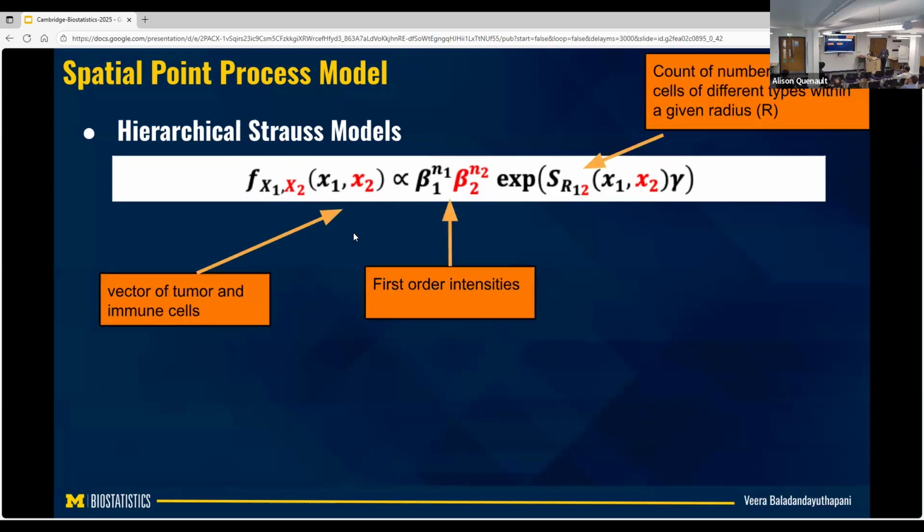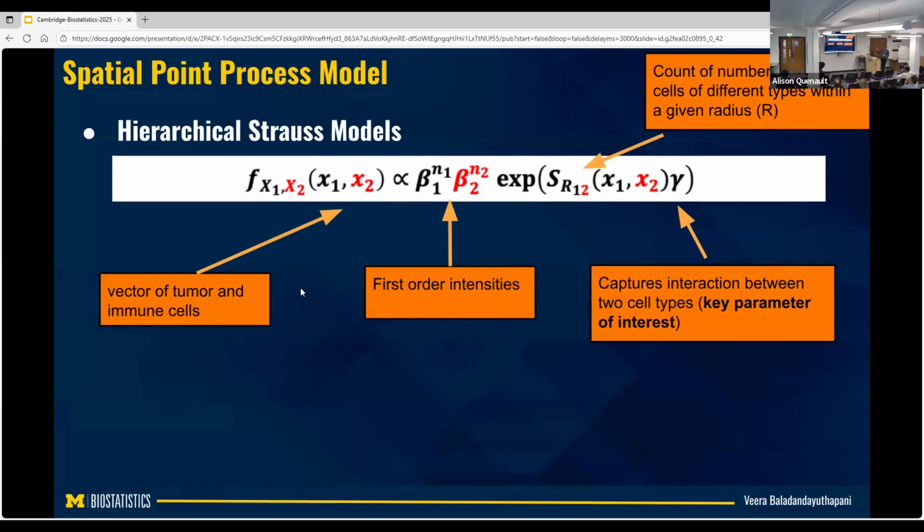One nice thing is, it's based on Poisson processes. There are 2 inhomogeneous Poisson processes that are linked by this parameter gamma. That's the key takeaway here: this captures the interaction that I just mentioned in the previous slide. You want to infer this parameter based on this likelihood.